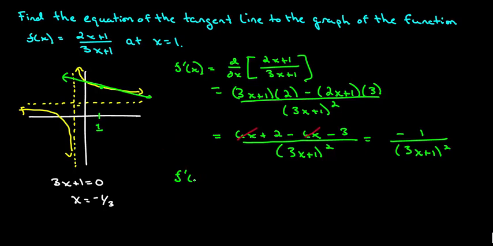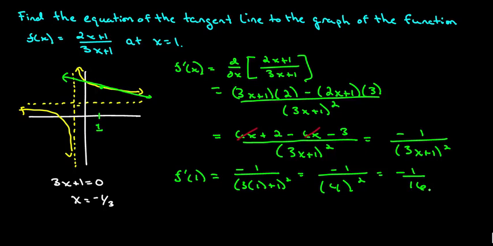So f prime at 1 is going to be equal to negative 1 over (3 times 1 plus 1) squared, which is negative 1 over 4 squared, which is negative 1 over 16. So what that tells me is the slope of this line, the m value of that line, is negative 1 over 16. Now notice again, we thought it was going down, and it looks like it's verified here with this.